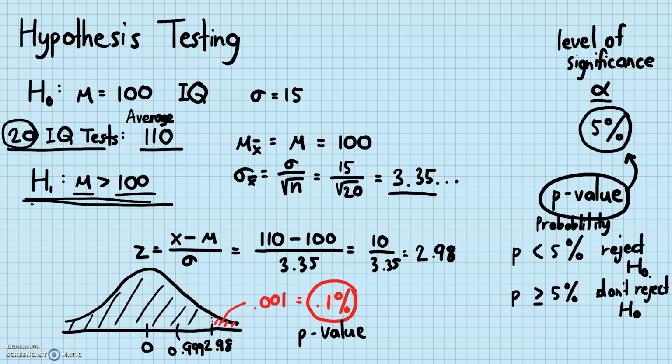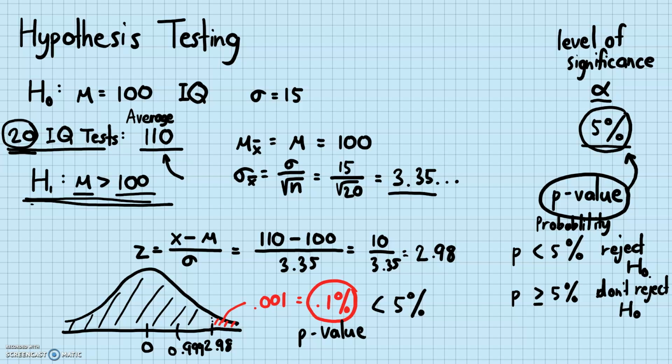If you see that our p-value is much smaller than 5%, and we're using 5% as the level of significance for this problem, this means that getting an average IQ of 110 after taking 20 IQ tests is extremely unlikely if in fact you are average IQ.